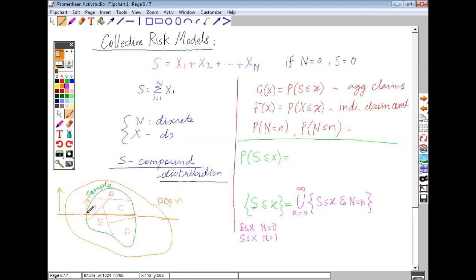So, let's say I was figuring out the chance that you will observe more than something. The probability that I'll observe my S greater than this line will be the fact that this and this are observed, plus A is observed, B is observed, and C is observed. So again, I'm just adding all of these cases till my n is infinity, and still my S will be less than or equal to x.